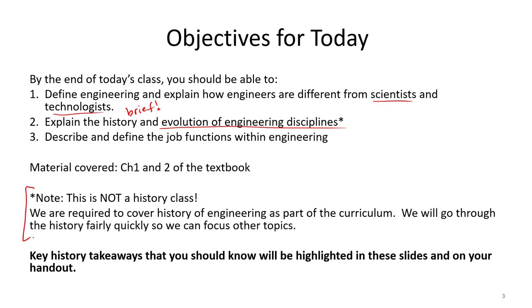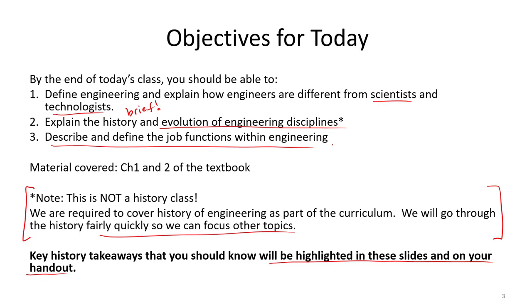History of engineering is fascinating, but we don't have a ton of time to spend on this, so we're going to go through history fairly quickly so we can focus on other topics. So, for the purposes of our class, please pay attention to the key takeaways that are highlighted in these slides and on your handout. And finally, we'll start introducing those job functions within engineering. If you're following along in our textbook, this comes from chapters 1 and 2 of Engineering Your Future.